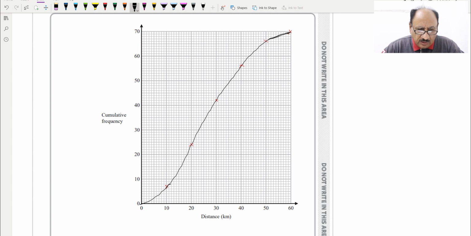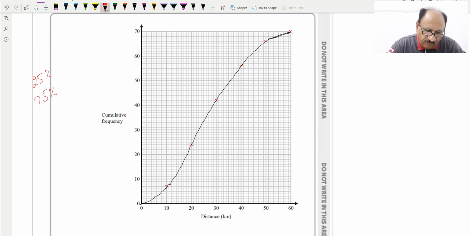So this one is done. Next thing they are saying for C part is, use your graph to find an estimate for the interquartile range. Interquartile range, you know, is the 25th percentile and the 75th percentile we are calculating, and we'll be checking the difference.